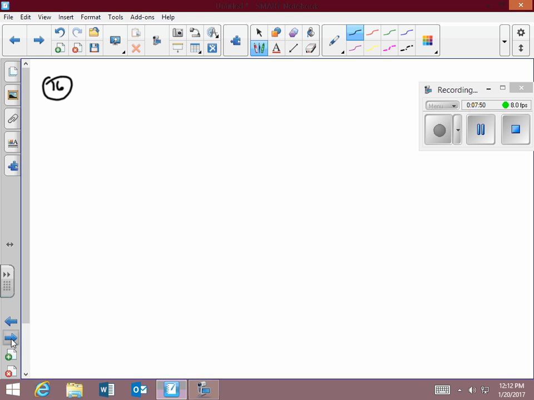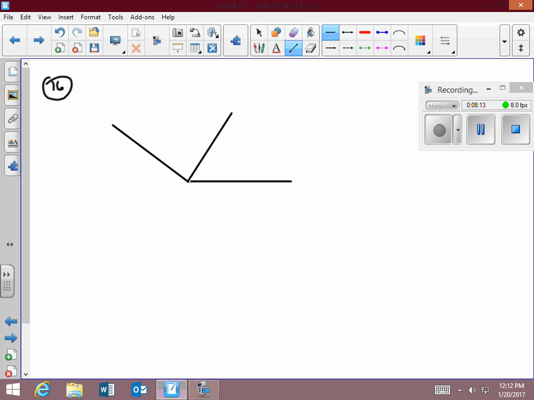So probably I should attempt to give some semblance of what this figure is. Now, this one is said to be a right angle.